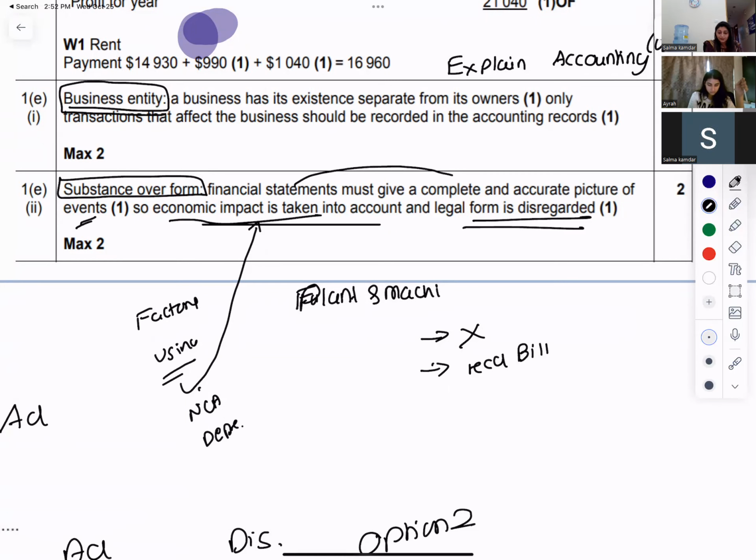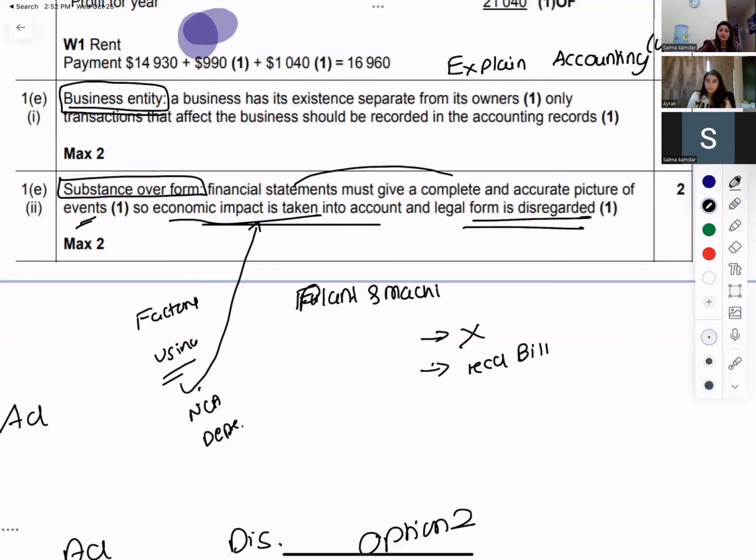What does substance over form say? That your financial statements must give a complete and accurate picture of the events, so economic impact is taken into account and legal form is disregarded.